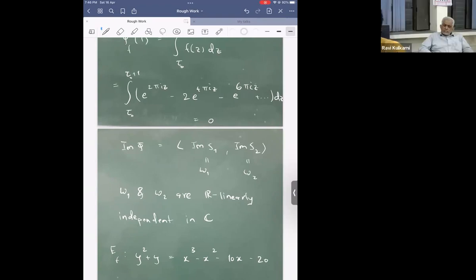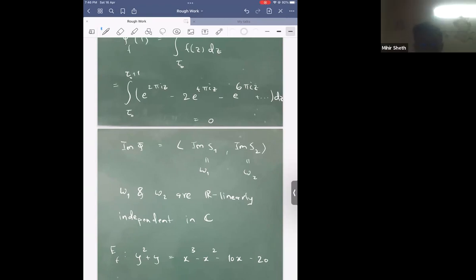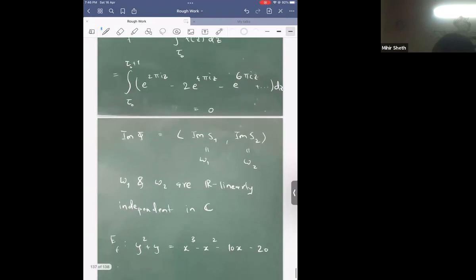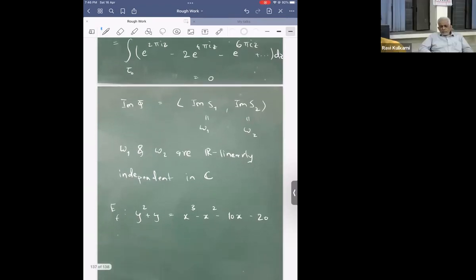I think this was done by Eichler only. I haven't seen his original paper. Here we have some advantage of the curve being genus 1.